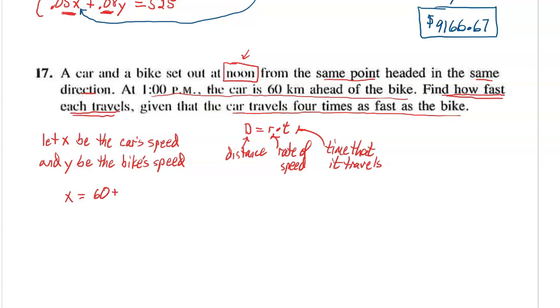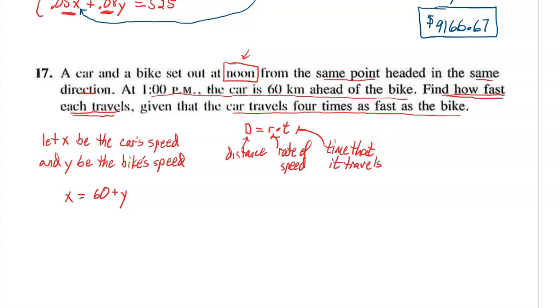Well, the bike's distance is its rate of speed times the time that it travels. The bike's rate of speed is y, and it traveled for 1 hour. Y times 1 is just y. This equation shows the relationship between the distances that the two things traveled.